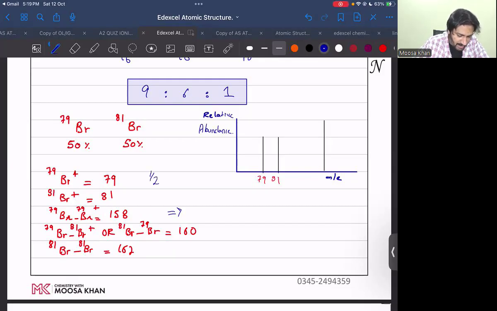It is equal, like half, 50% means half. So if we have a molecular ion peak where both isotopes of bromine have the mass number 79, it should be half into half. For the second, it should be half into half plus half into half. For the third peak, it should again be half into half.